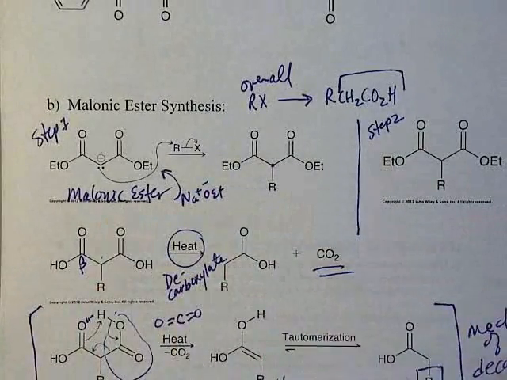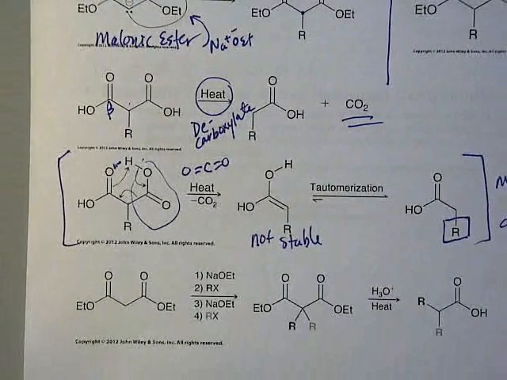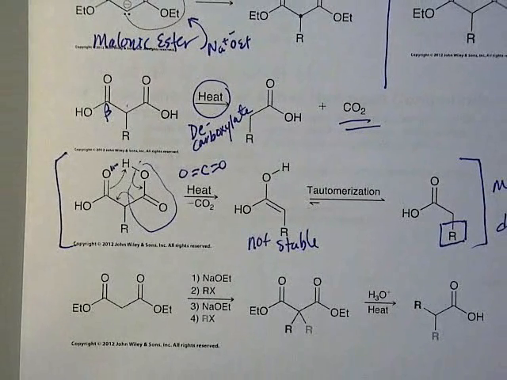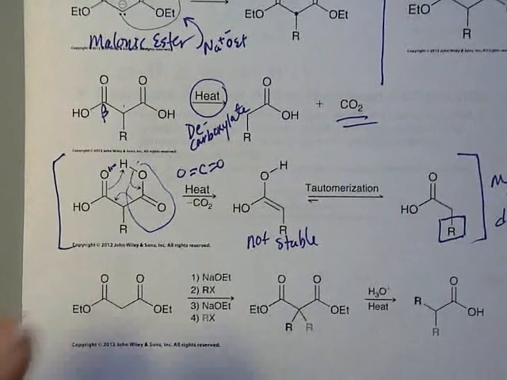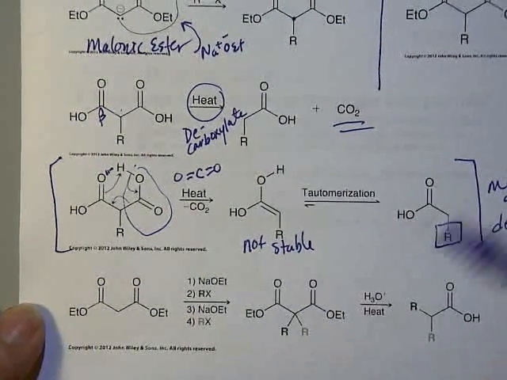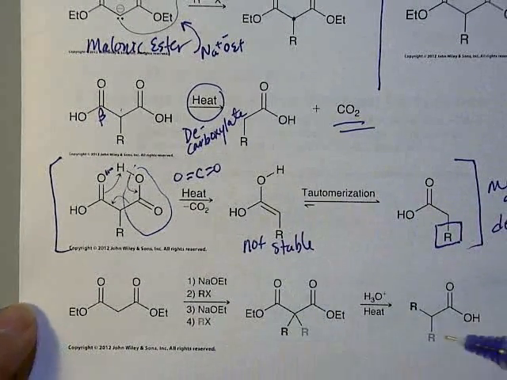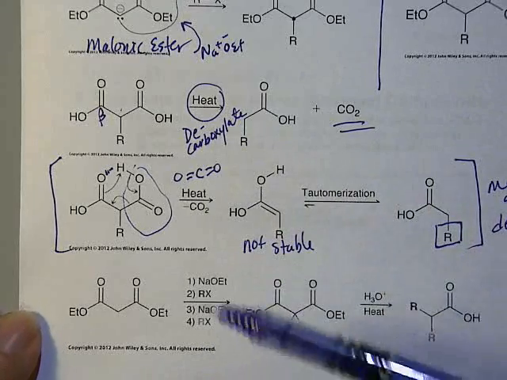All right, so this is a sort of long process, and what you're seeing here is the whole reaction in a shorter form. So this is how it would look.